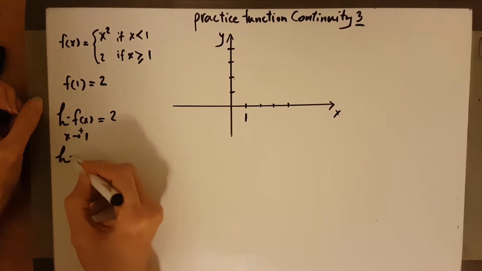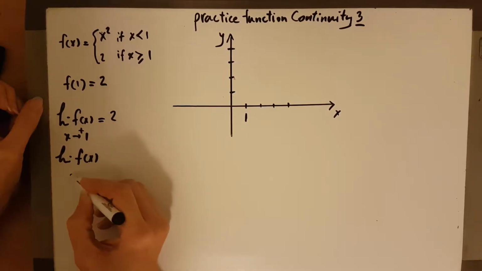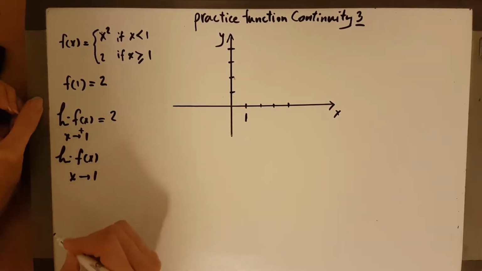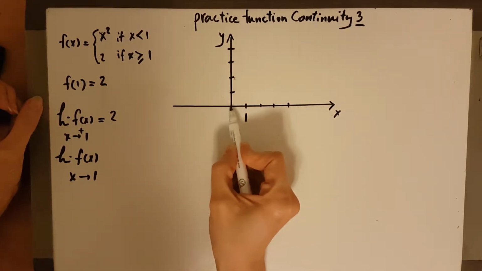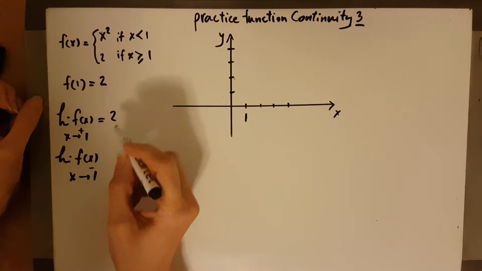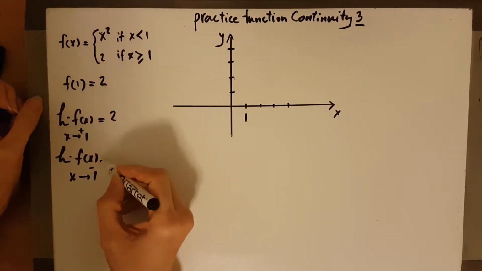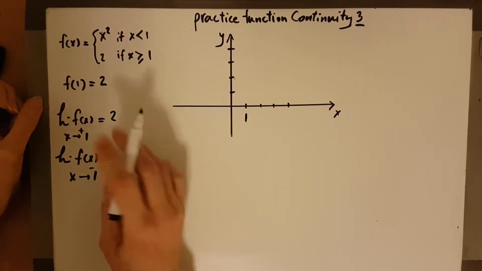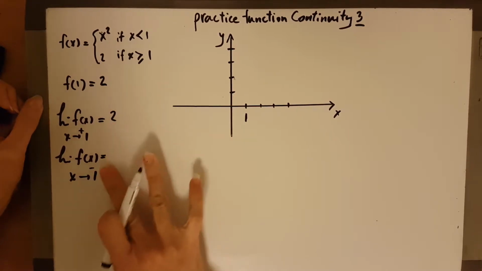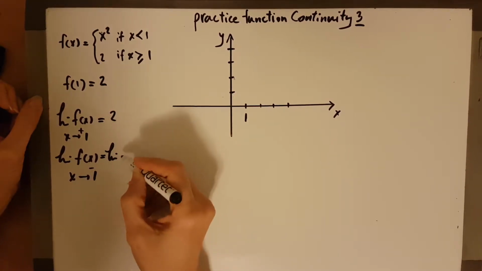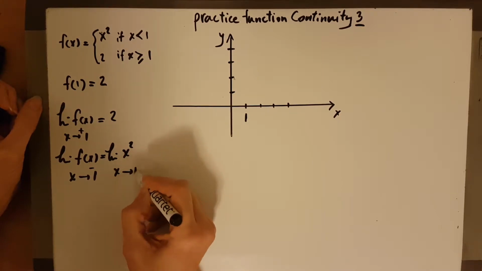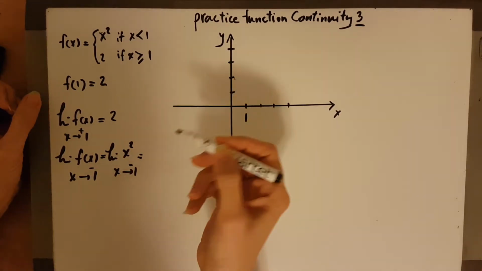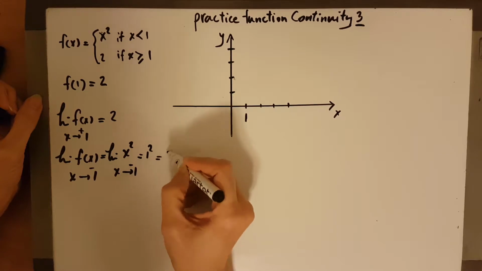And then the limit of f(x) for the x's going towards 1 but smaller than 1, from the left side, is the limit of x squared when x goes to 1, and it will be 1 squared, which is 1.